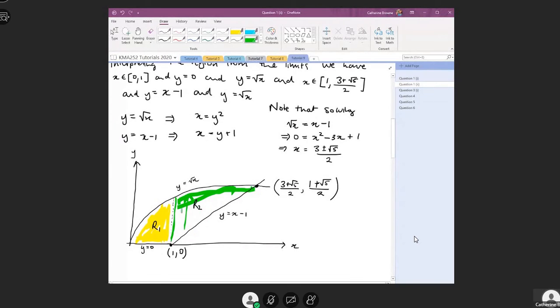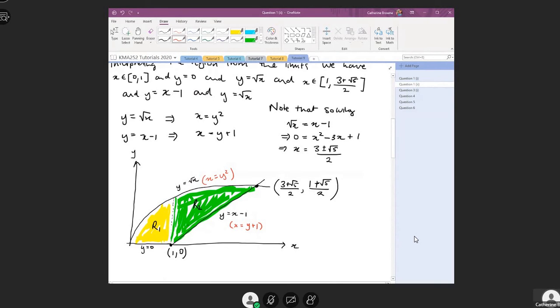But if we reverse the order of integration, we only have one region now, because we're going to integrate from x equals y squared, because this is also x equals y squared, and this line is also x is equal to y plus 1.